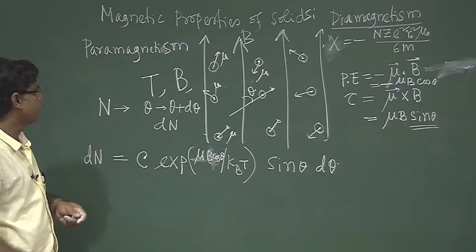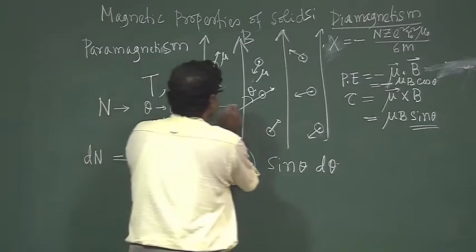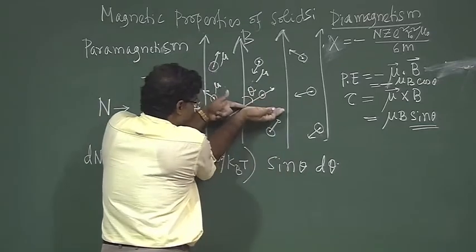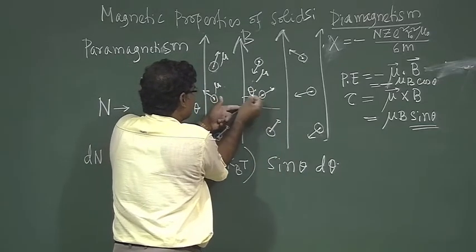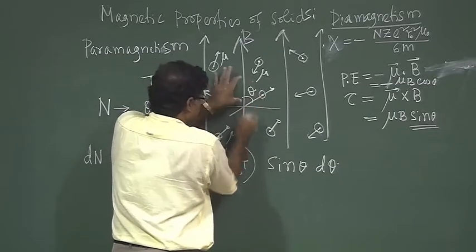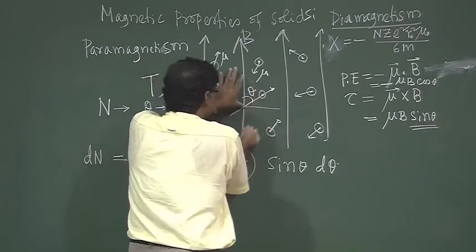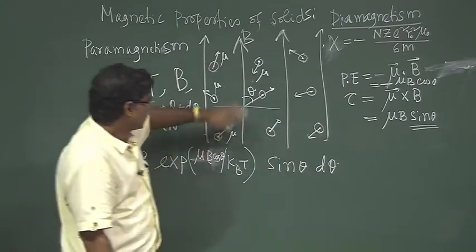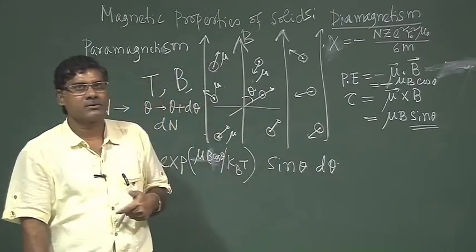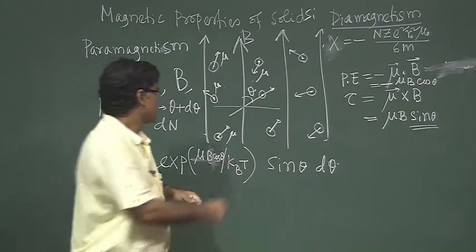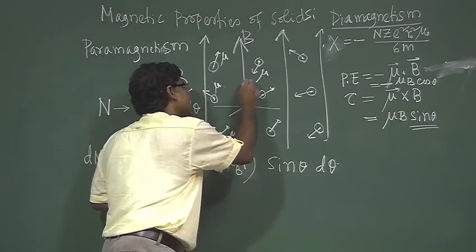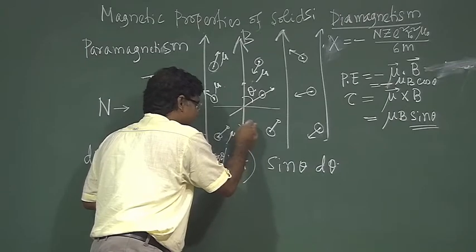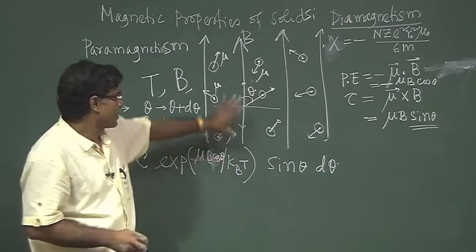Definitely the orientation can be 0 to 180 degrees, right. So this theta can take values from 0 to 180 degrees. It can orient along the field or opposite to it, that is the limit.